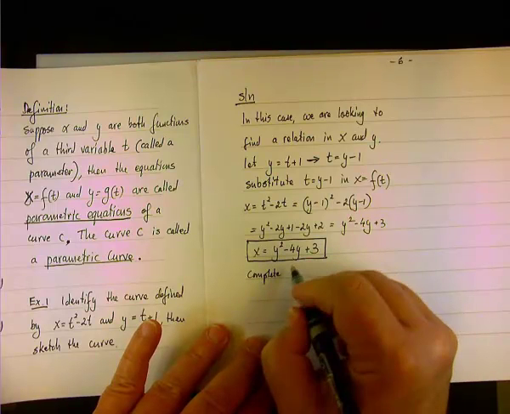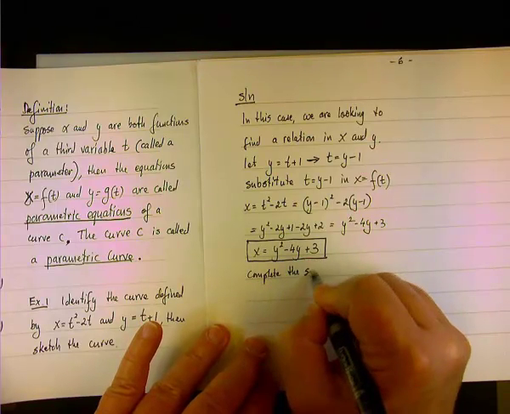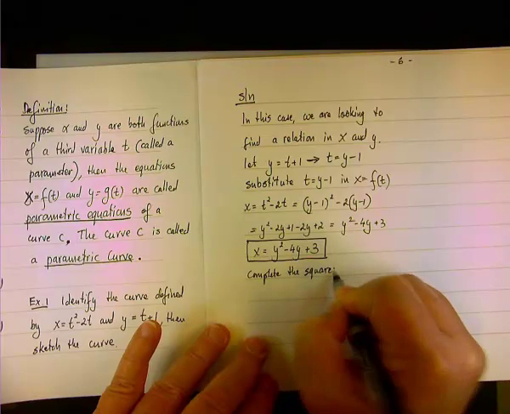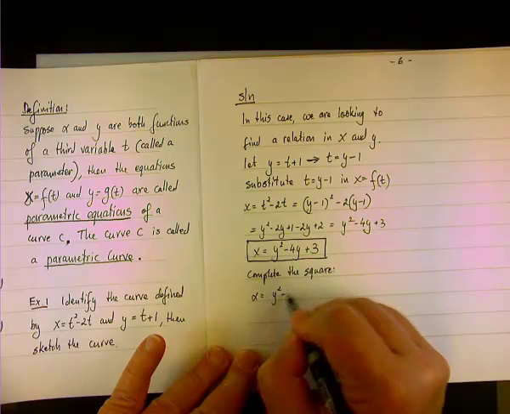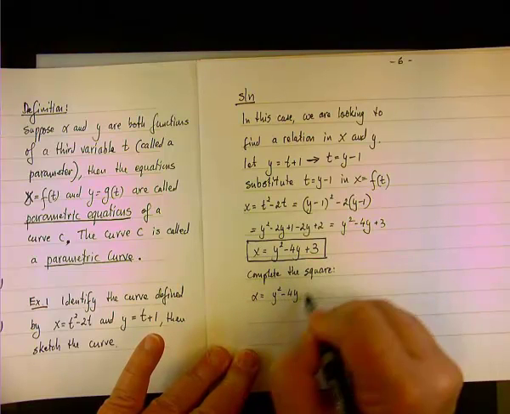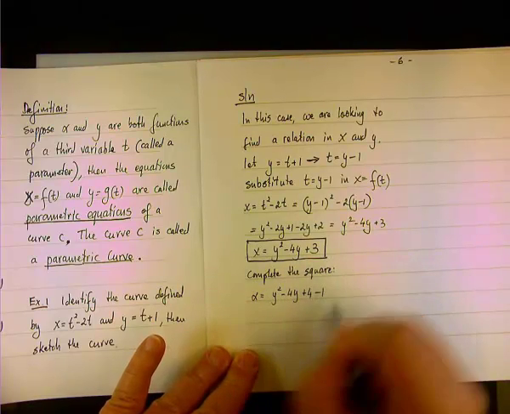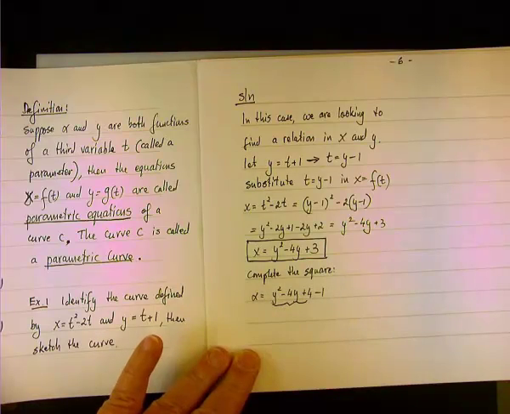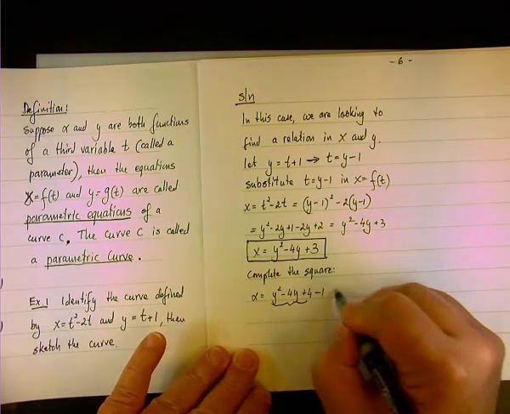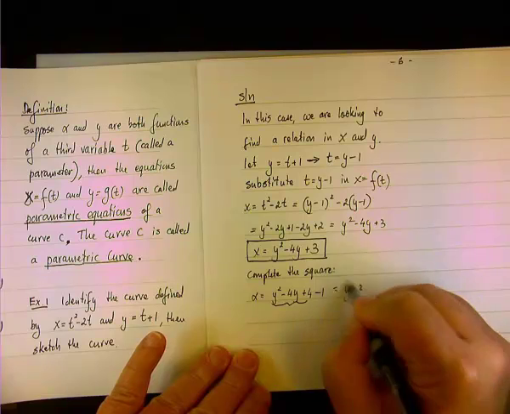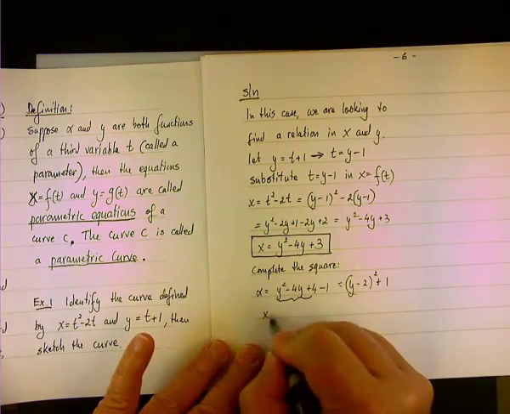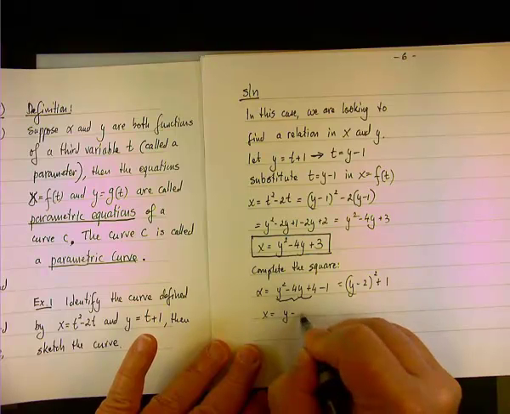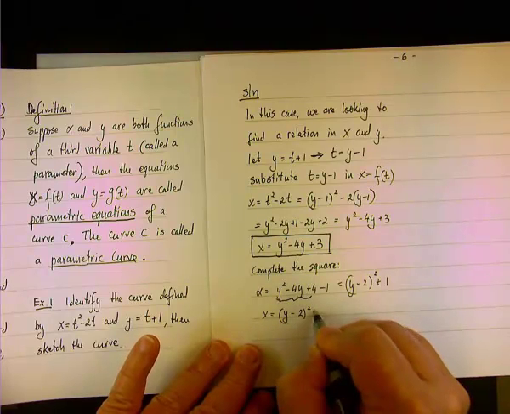If completing the square will help you, then complete the square. We really don't need to do so, but it's beneficial to complete the square. I agree with you. So x equals, instead of y squared minus 4y plus 3, we'll write plus 4 minus 1. Now this is a perfect square trinomial, right? It's y minus 2 squared plus 1.